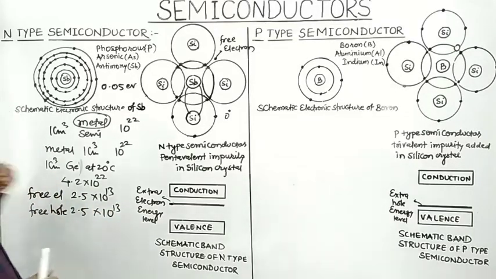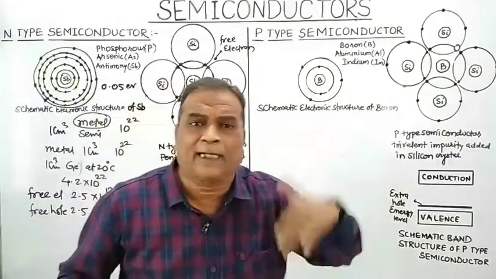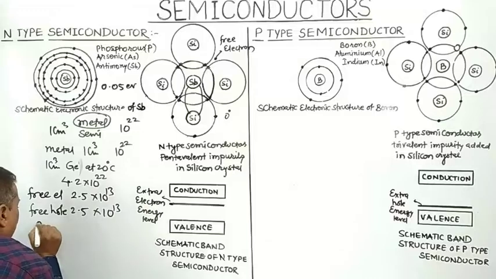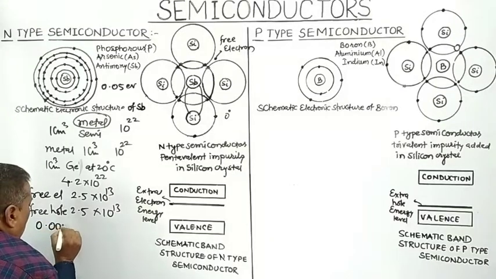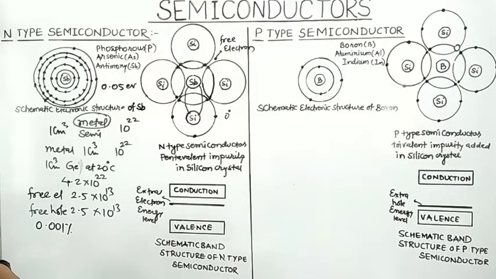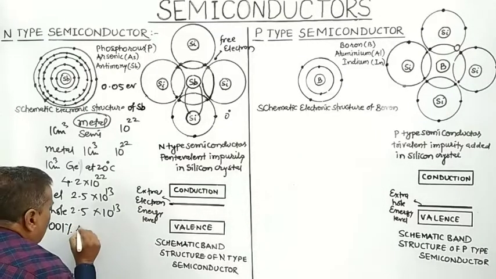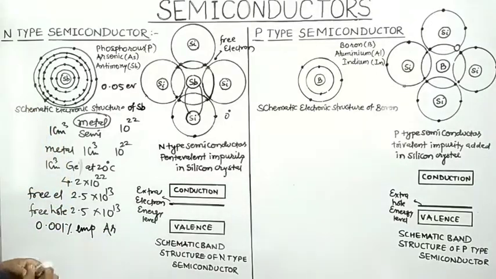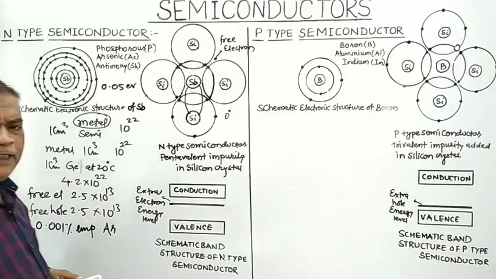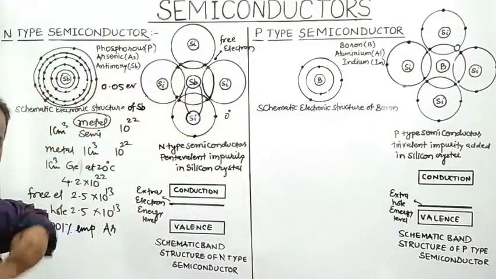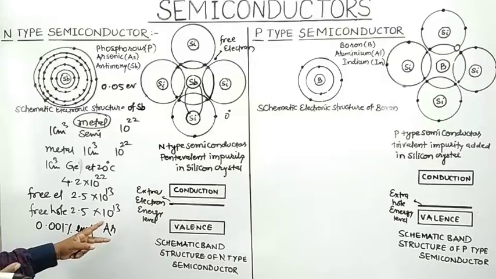Means anyhow, to increase the electrical conductivity of germanium, if 0.001% of an impurity like arsenic were added to that germanium crystal, then how many free electrons were donated by this impurity?